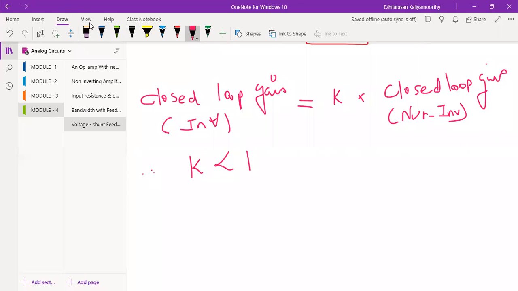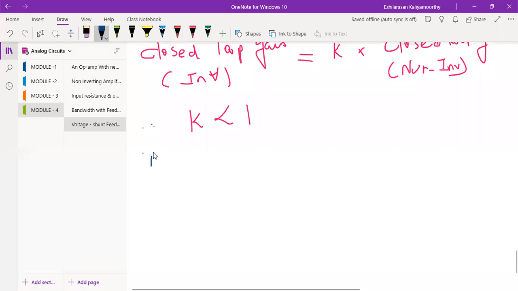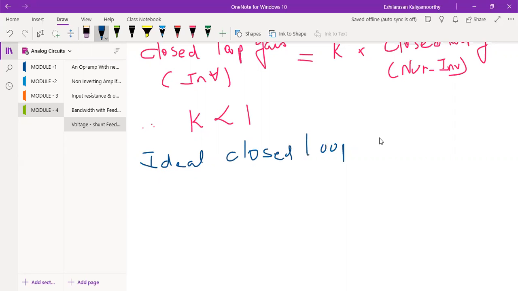So now let us find the ideal closed loop gain for the ideal case.